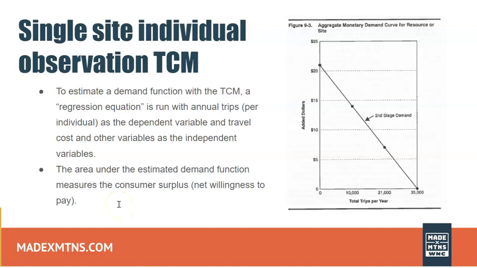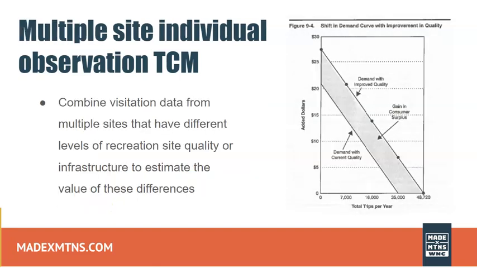You have single site data, and when you collect your data, there is no variation in site quality across just one recreation site. So if you can collect data on multiple sites, you can estimate different demand curves for those different sites.